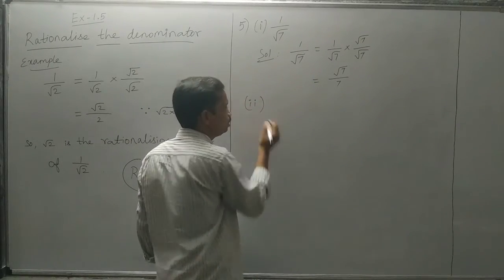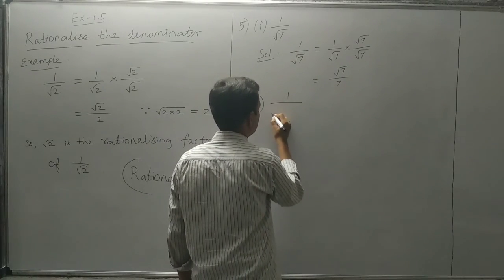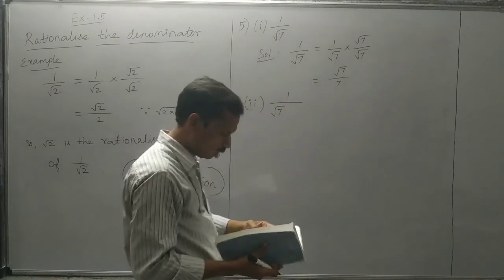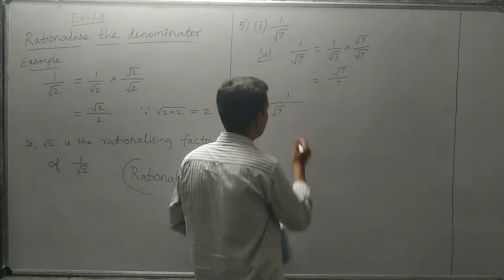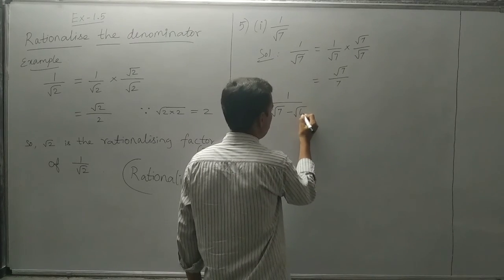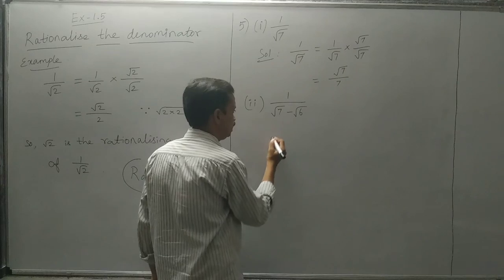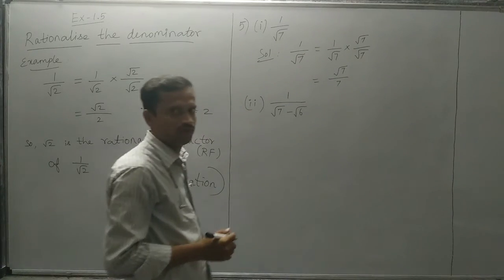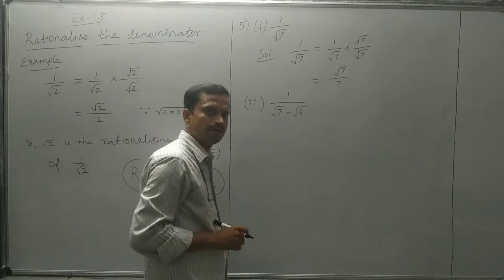And already I have told you the rationalizing factor. How to find the rationalizing factor of a given problem? According to the given question and given denominator. So here, what is the rationalizing factor? Root 7 minus root 6 is in the denominator.